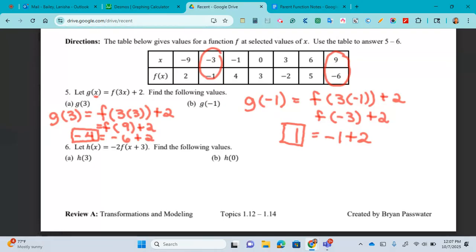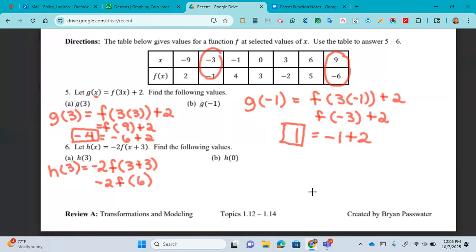All right, now let's do the h of x. We have h of 3, so I'm replacing all my what with 3? X. So I have h of 3 equals -2 f of 3 plus 3. 3 plus 3 is 6, so I got -2 times f of 6.